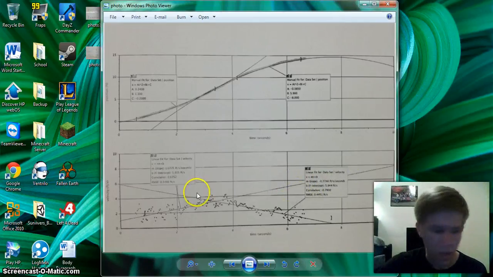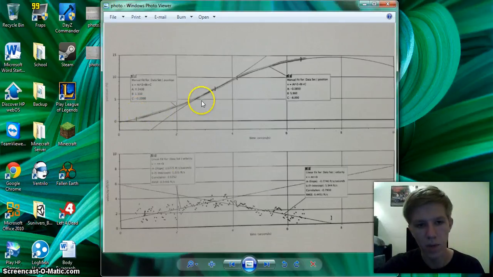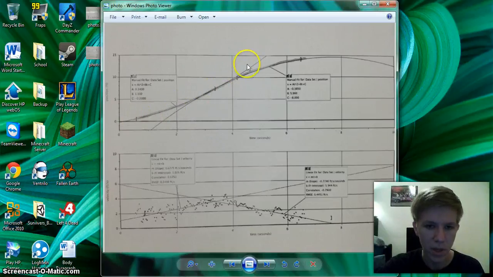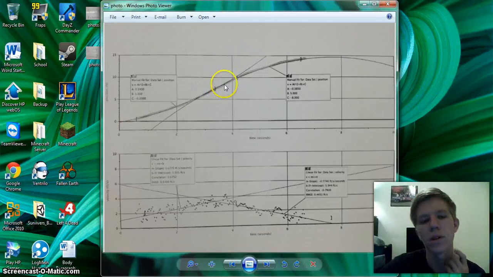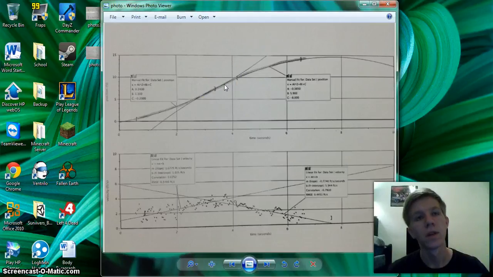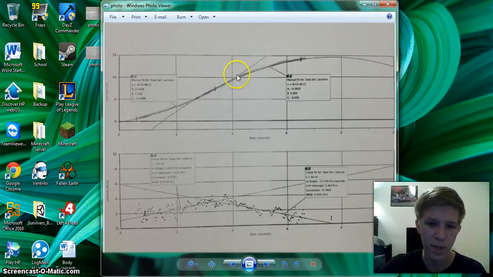And on the position versus time graph, when it slopes upwards like that, is when the car is speeding up. That is when it's gaining acceleration. And about right here in the center of the graphs is where the graph is straight and the velocity is constant.